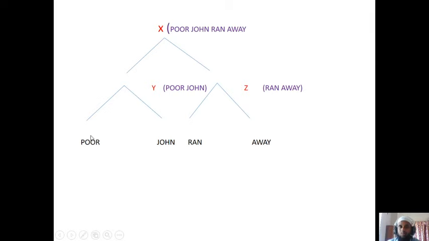So you get 4 elements or constituents from this sentence. So these are called constituents, and you are breaking down the sentence into immediate parts. This one, Poor John, is an immediate element of Poor John ran away, and Poor and John are immediate constituents of Poor John.